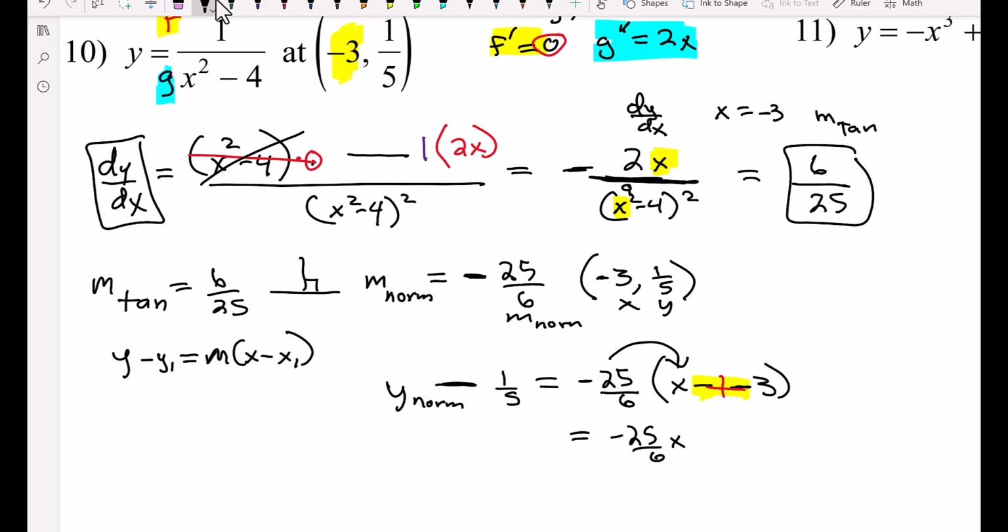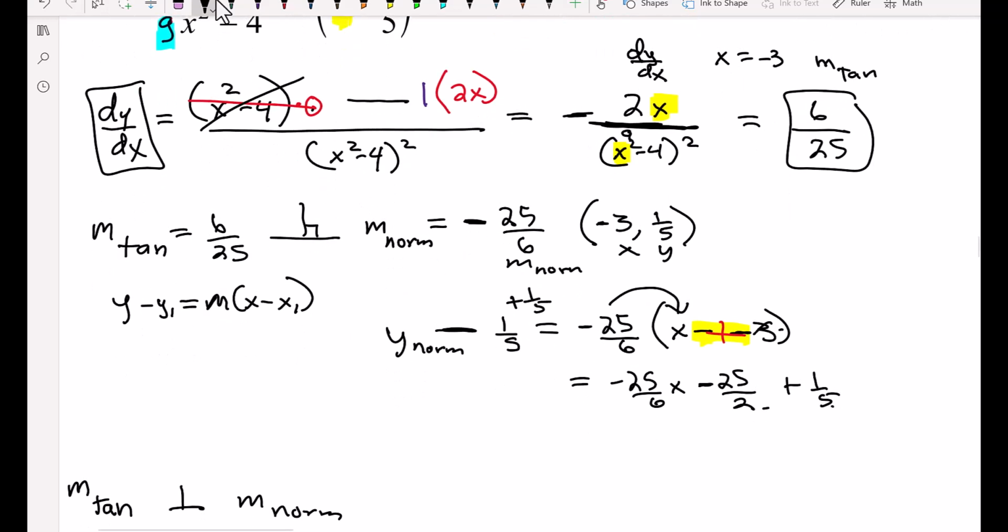-25/6 x. And then when you multiply that, the 3 and the 6 cancel, and you get -25/2. And then we're going to add that 1/5. These two need to have the same denominator, so we'll multiply top and bottom by 5, top and bottom by 2.